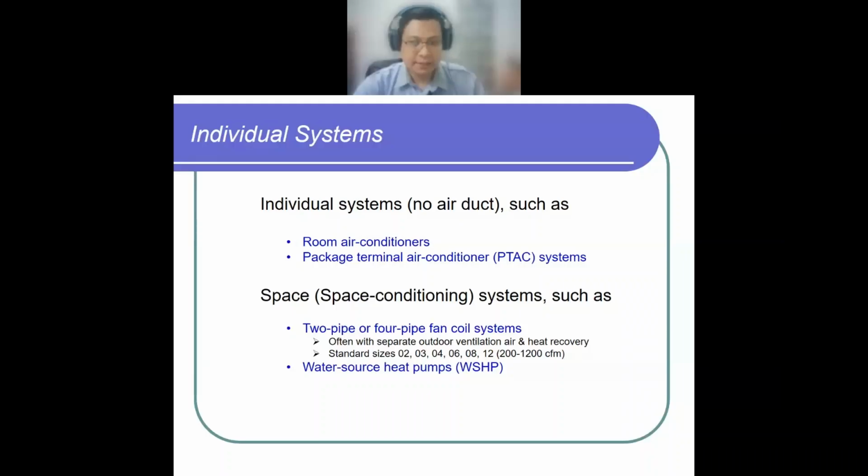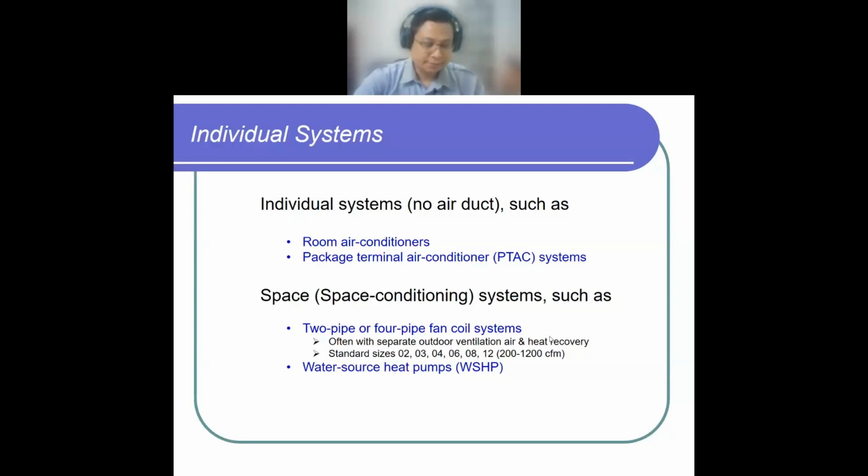Actually, we separate outdoor and indoor to serve one cycle condition in the conventional aircon. So the individual systems are room conditioners, package terminal air conditioner systems, and then space conditioner systems such as two-pipe or four-pipe fan coil systems.